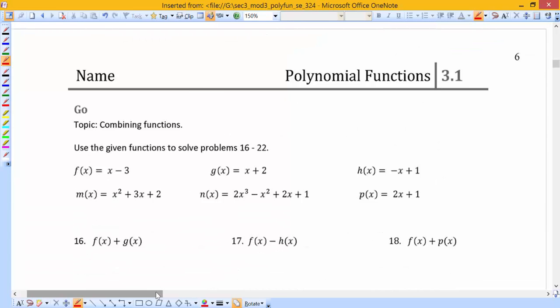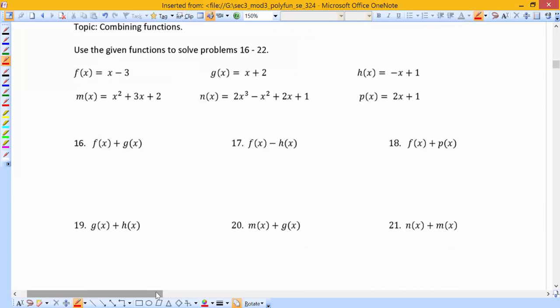So now let's go ahead and look at the go. Really briefly, I'm going to cover this. I'm not going to spend a whole lot of time on this. So for 16, f of x is x minus 3. So I'm going to put x minus 3. Then it's plus g of x. Here's g of x. X plus 2.